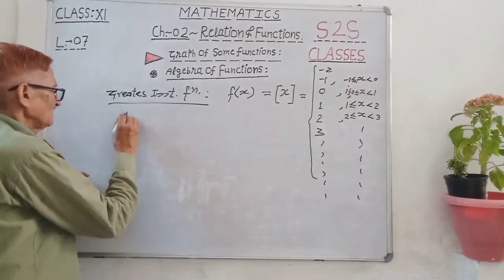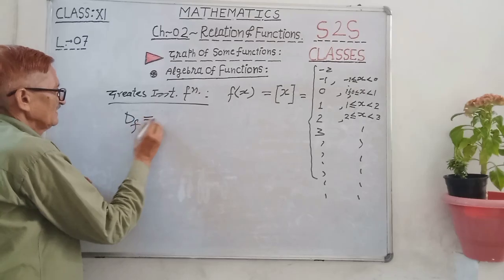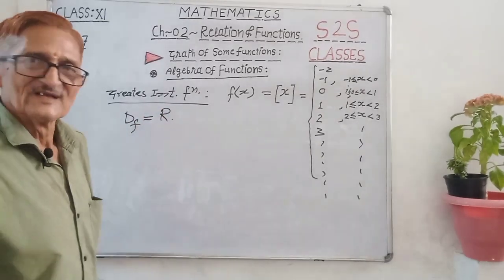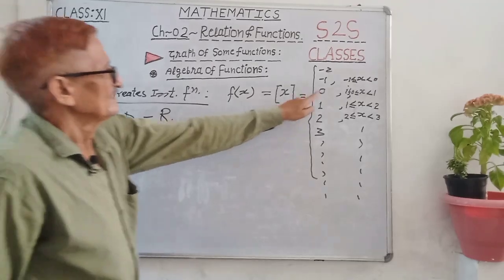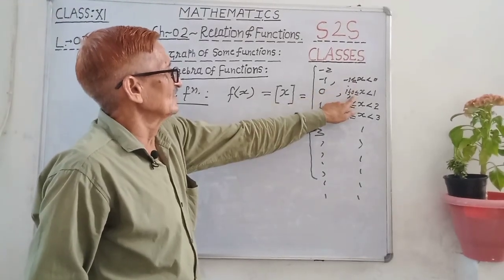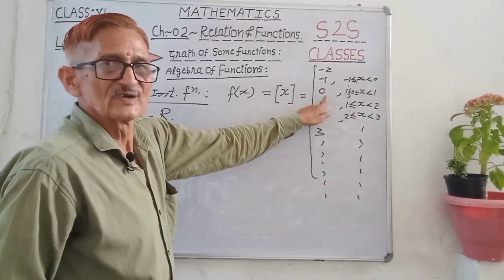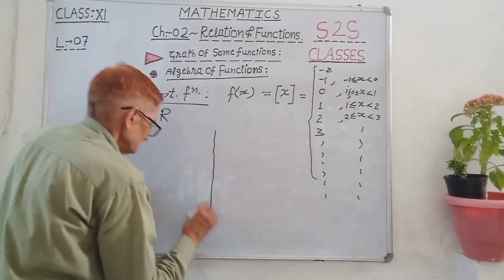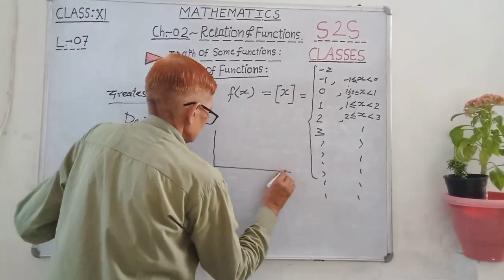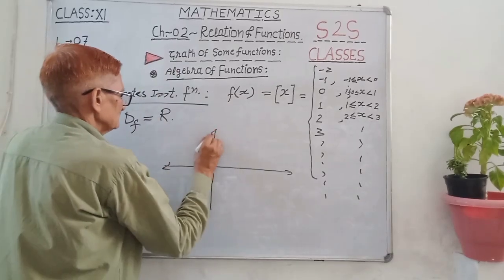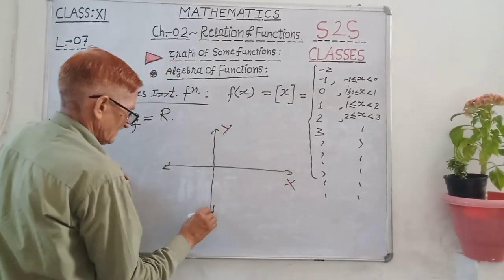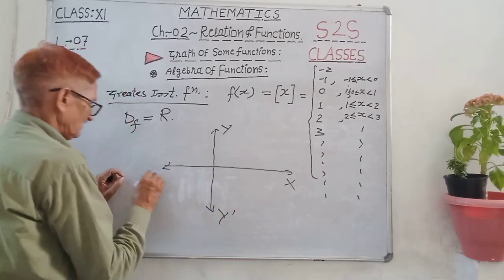So the domain of this function is all real numbers. If x is 0, then y is 0. So the graph goes through y and negative x, negative y.